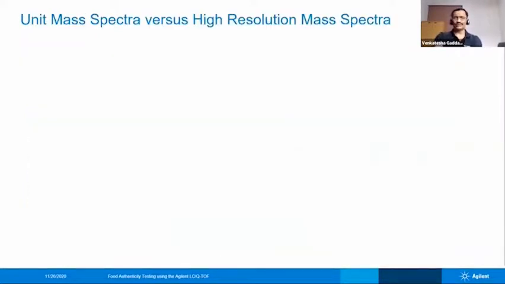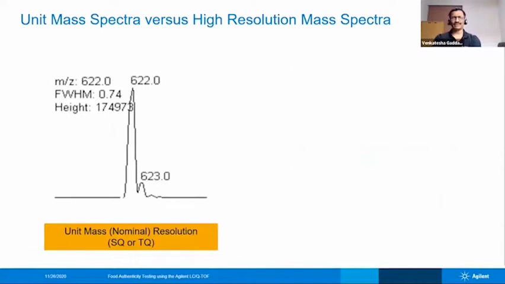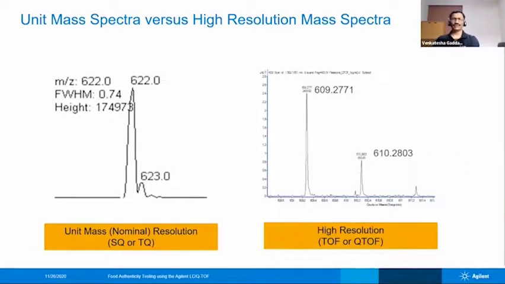So what is the difference between normal LCMS, or unit mass resolution LCMS, and Q-TOF MS? You see here, in unit mass resolution like single quad or triple quad, you get a mass, but there is no further information. Even isotopic information is missing, or you don't have enough separation or resolution here.